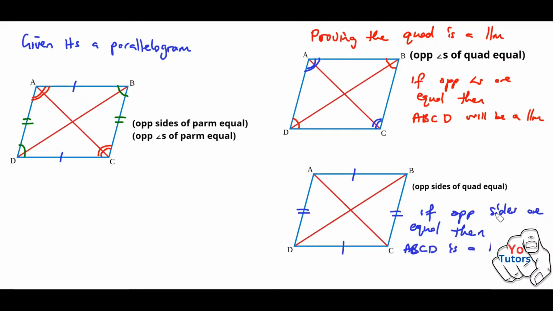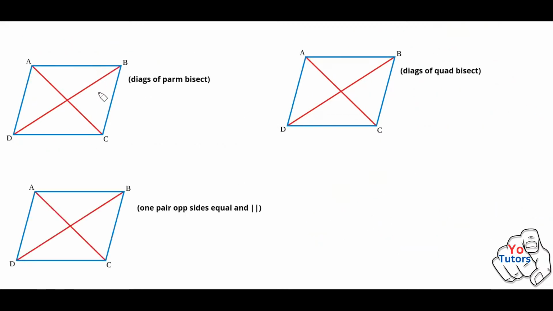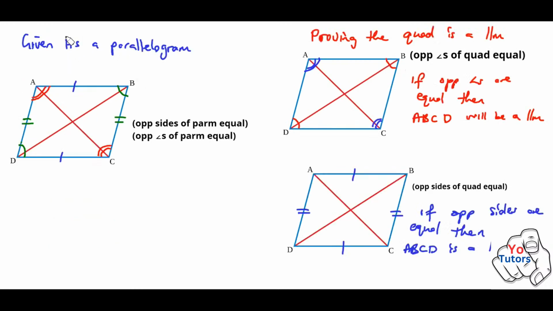That's what we are saying here. So that's what the converse is doing for you. Okay, so now let's look into another theorem. Theorem 2. That was theorem 1 there.